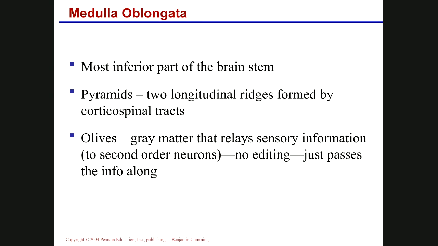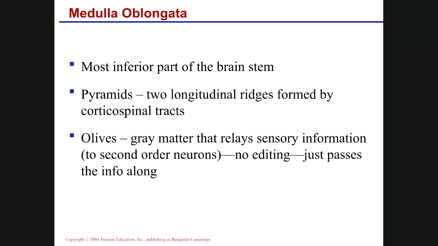So this is the most inferior part of the brain. And the tracts that we were talking about before also have to run through here. So the spinothalamic tracts, the dorsal columns, they run through here, but so do those pyramidal tracts. And the pyramidal tracts are very obvious because they're close to the surface. They form longitudinal ridges on the anterior side.